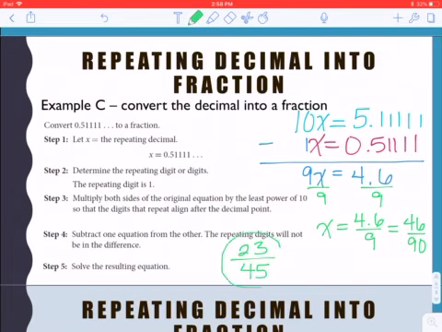If I get all of this done and I'm not confident, I check it. So in my calculator, I do 23 divided by 45, and I just make sure that my answer is the decimal I started with. Because this process is a little bit confusing.